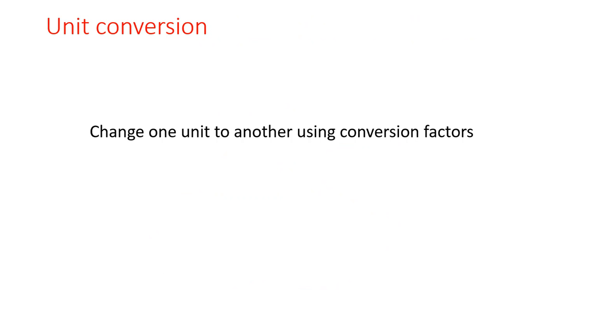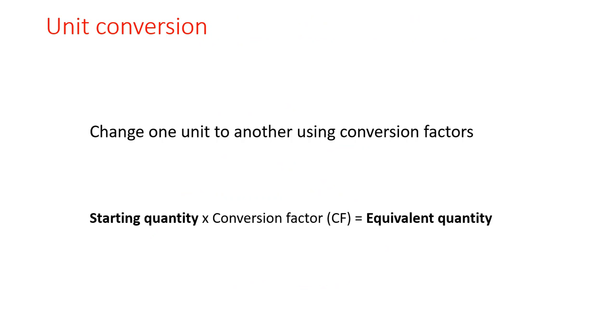All right, so let's move on to the real substance, unit conversion. What is unit conversion? It's just changing one unit to another unit using what we call conversion factors.